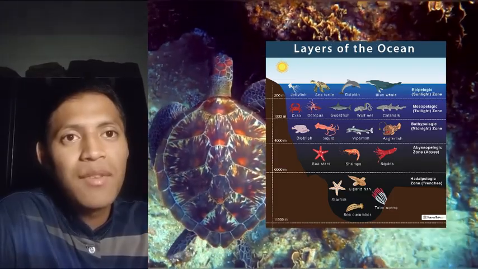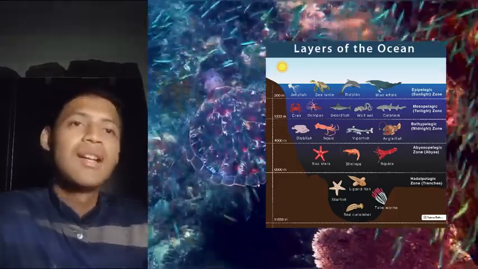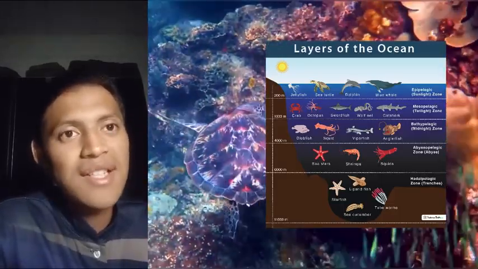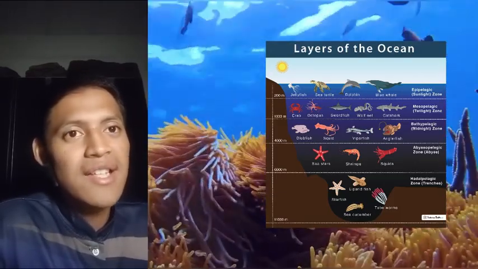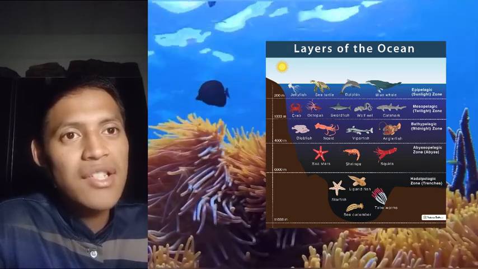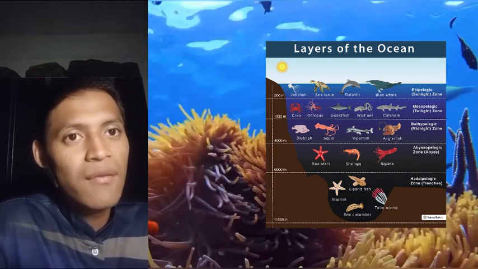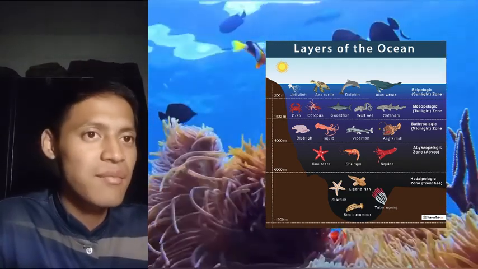And lastly, the hadal pelagic zone, hadal zone, depth from 6,000 meters and below to the ocean's floor. The characteristic is that the hadal pelagic zone includes the ocean trenches, some of the deepest and least explored areas on Earth.